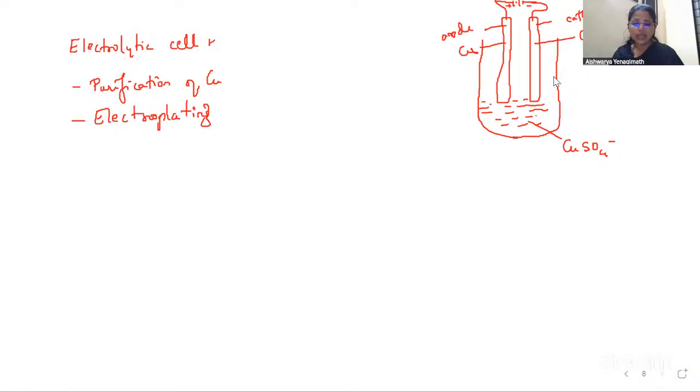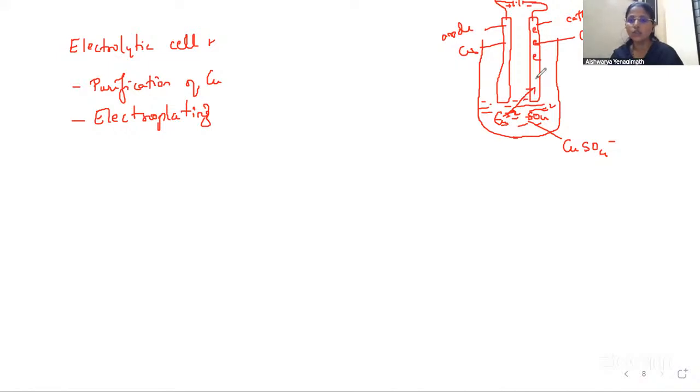Since a negative charge is on the cathode, the negative terminal, what is flowing here? Electrons are flowing here. In the solution I have Cu2+ ions and SO4 2- ions, correct? Since negative charge is there on the cathode, the Cu2+ ions present in the solution will see those electrons, become very happy, and run towards the cathode.